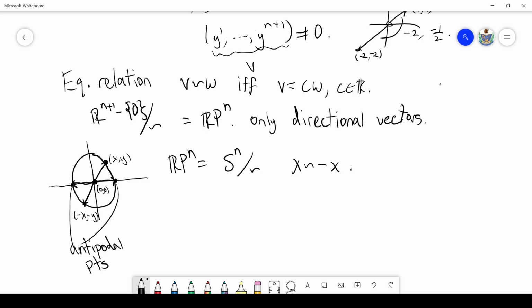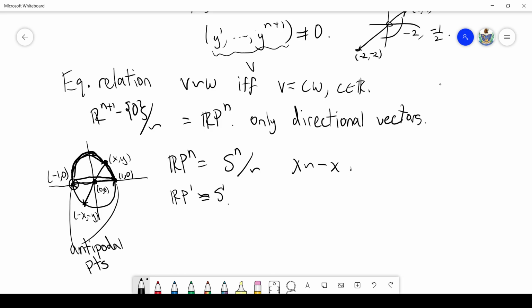And so notice here that we can start at this point (1, 0), and we can trace along here, and then once we get to (-1, 0), well, that's the same thing as the point (1, 0). So in fact, a funny thing about this is that the real projective line is topologically equivalent to the circle, because we just go around, and then we get here, and then we jump over back to this point. So it's actually just a circle, which I think is kind of cool.